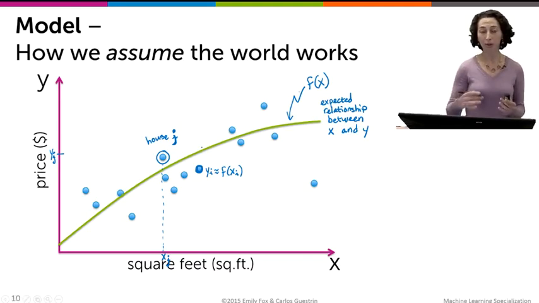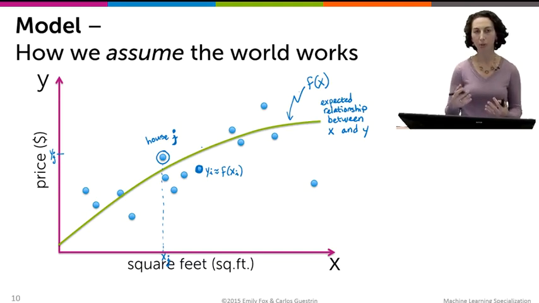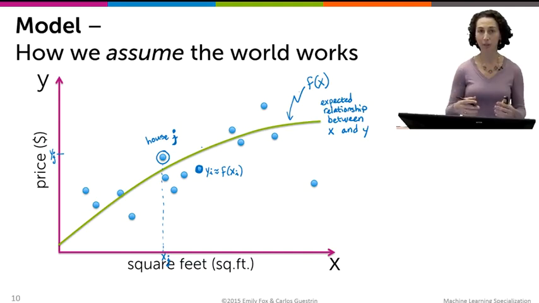But I'm assuming that my model is not 100% accurate. You can easily imagine that there are errors in this model, because you can have two houses that have exactly the same number of square feet but sell for very different prices. They could have sold at different times. They could have had different numbers of bedrooms or bathrooms or size of the yard or specific location, neighborhoods, school districts, lots of things that we might not have taken into account in our model.